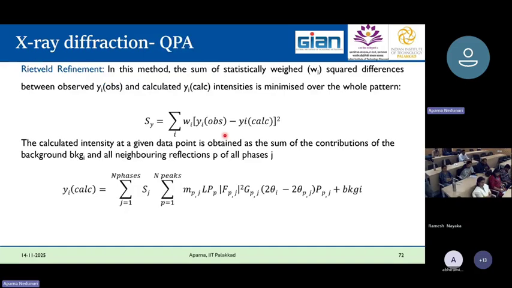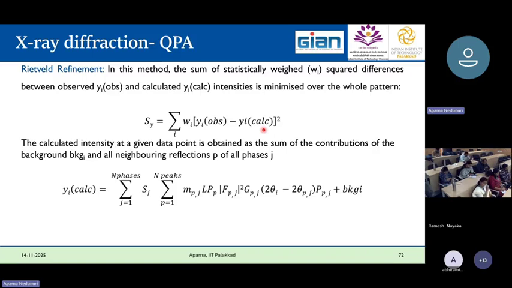What is it all about? In Rietveld refinement, you have the intensity of your material, which is your observation. This is the intensity at each data point that I'm talking about. Then if you think that a material can match, for example, OPC has several peaks at several 2 theta values.